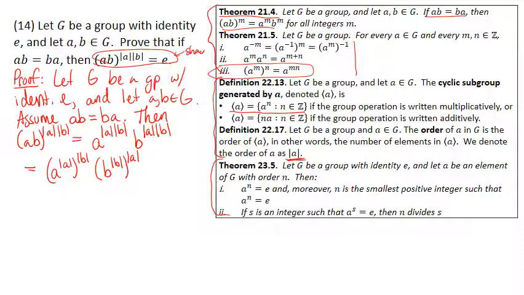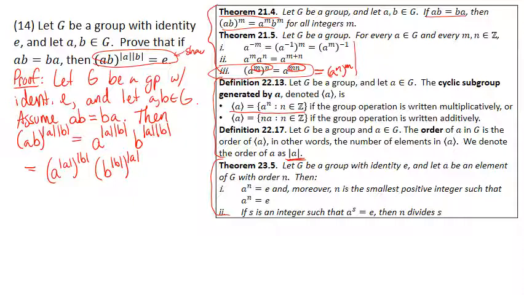In other words, if you're looking at this theorem 21.5, M and N right there are integers, so they do commute with each other. So I can also say that this equals A to the N to the M, like that. So that's basically what I'm doing with B there.